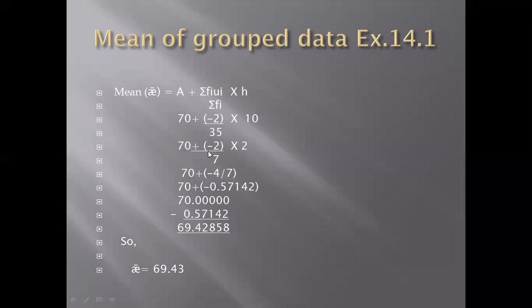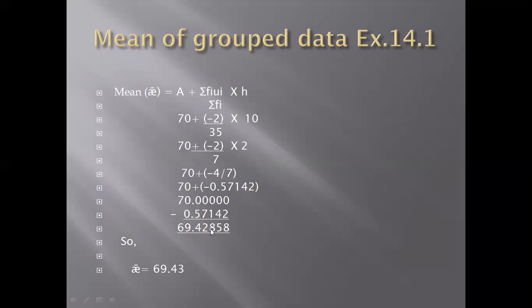So 70 plus minus 2 by 7 into 2. That is 70 plus minus 2 into 2 is minus 4 by 7. Divide minus 4 by 7, so we'll be getting minus 0.57142. Then subtract both, we'll be getting 69.42858. So correct it to second decimal place.